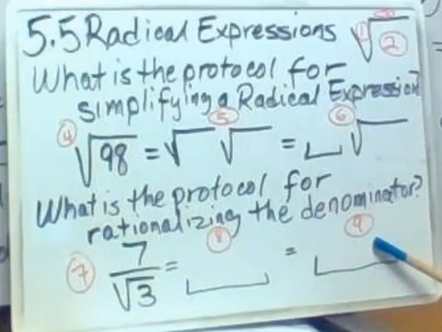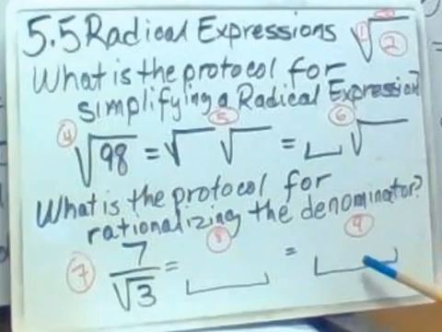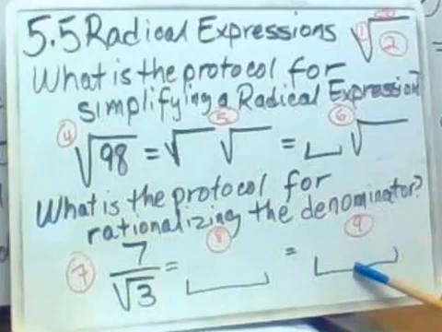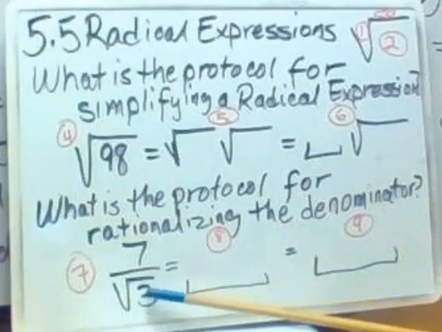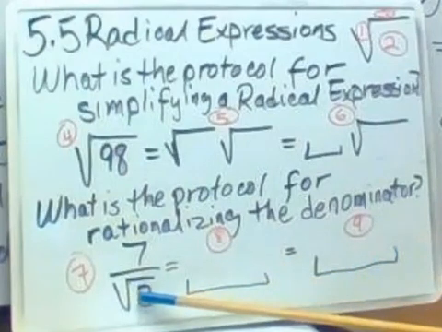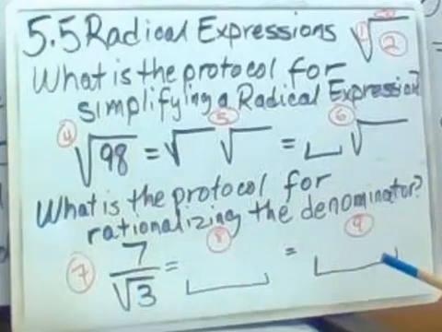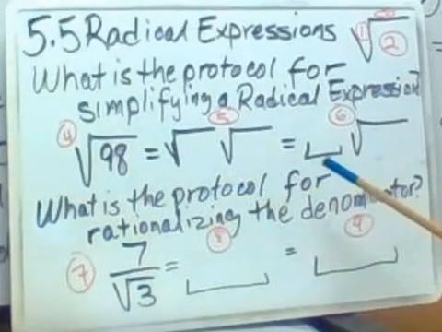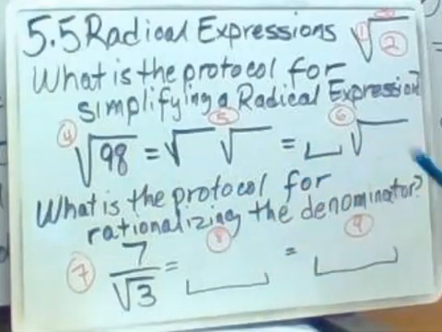So now you're left with the answer, which is 7 square root of 3 over 3. You have made an irrational denominator into a rational denominator through the process of rationalizing the denominator.